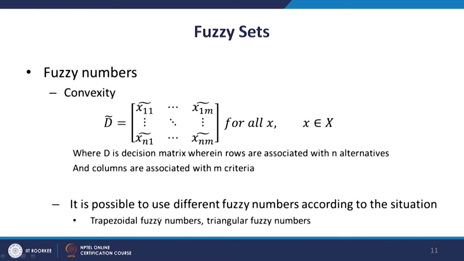We will understand what we mean by triangular fuzzy numbers. But before we go ahead, given a fuzzy set, the two conditions of normality and convexity are to be satisfied before we can consider it a fuzzy number. Then there are various forms of fuzzy numbers, and they can be used depending on the situation, the decision problem and the overall context.